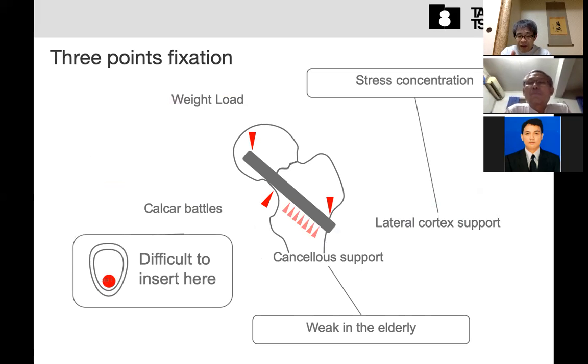So if we insert the screw a little bit to the posterior side or anterior side, then the screw cannot come here. We can insert it just at the center of the femoral neck and just above the calcar femorale. But inserting this pin just near the medial calcar femorale is quite difficult.